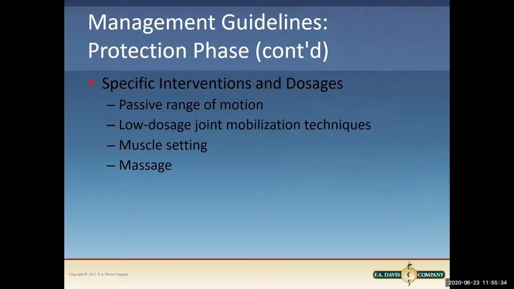The grade 2s, going out to that end range and kind of stopping. And then the grade 3s, where you start at about halfway, go out and just get a little bit of a stretch going on. Most clinics will expect you to be able to do those. And we're going to go through a couple of those when we do the joint mobilization lecture. When you get to those grade 4s, you really have to be kind of experienced to understand how much I can push on that joint so I don't sublux it or dislocate it.